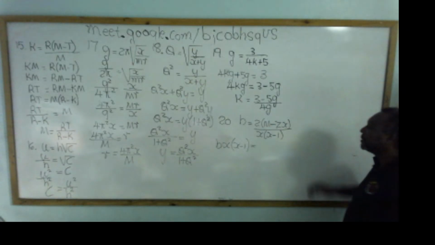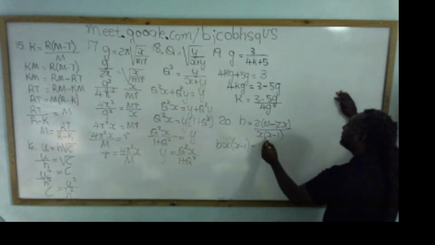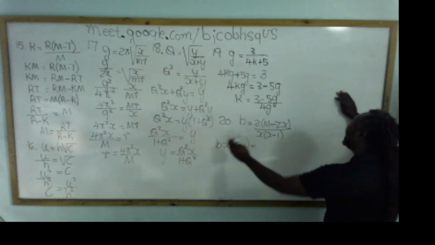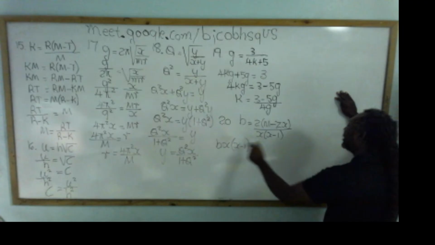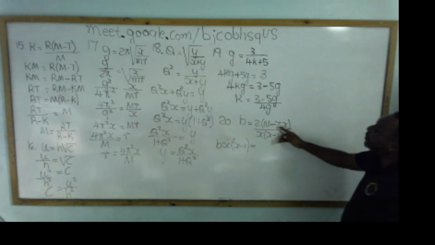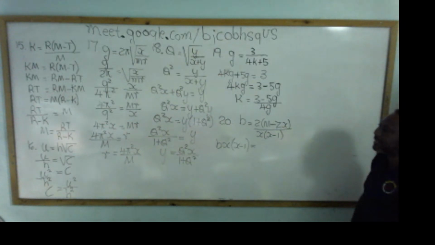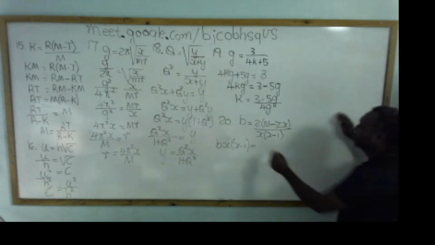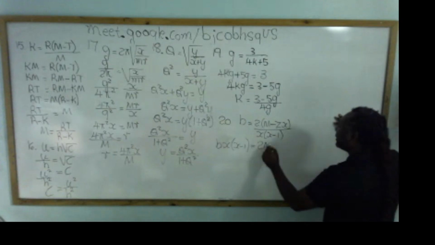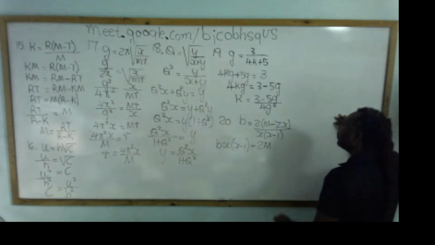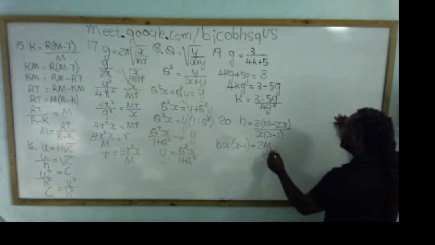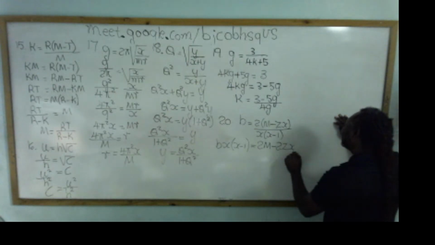So after eliminating the x times x minus 1 that we are dividing by, we eliminate that by multiplication. Let us expand the brackets. Our proposed subject, which is z, is enclosed in the brackets, and we cannot make it the subject inside there. So 2m goes there, and minus 2zx.